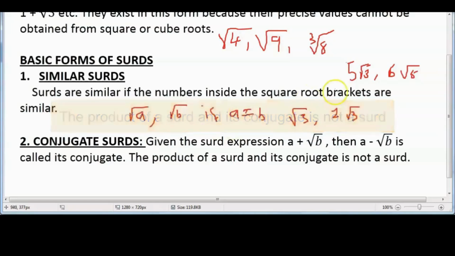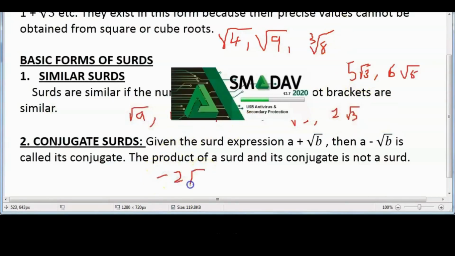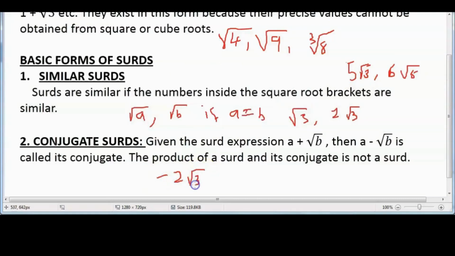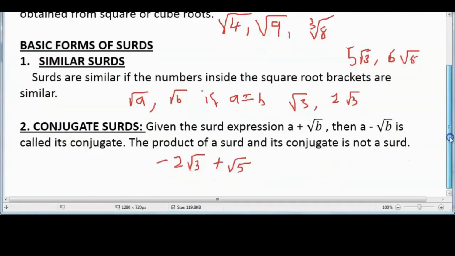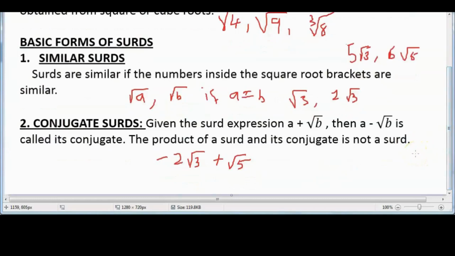For example, minus 2 root 3 plus root 5.